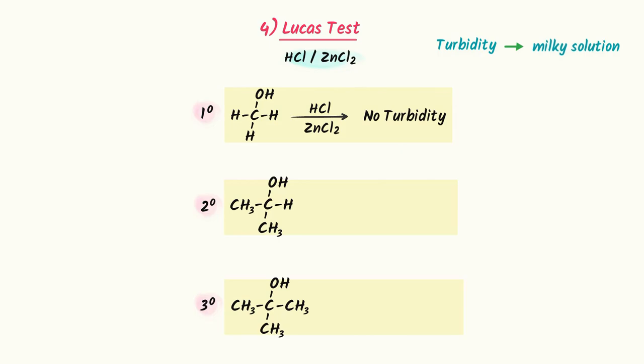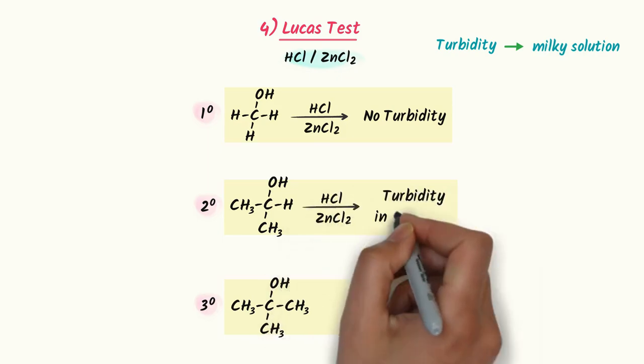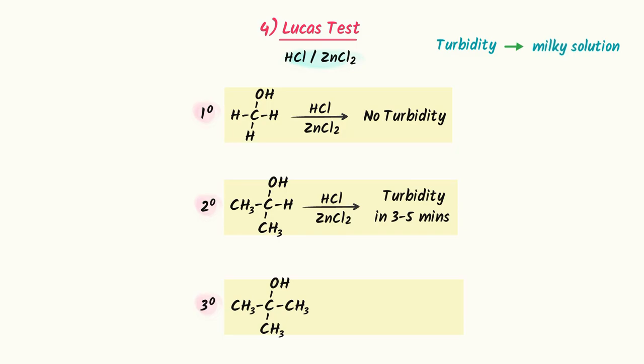It is like adding oil to the water. Secondly, if you add HCl plus zinc chloride to 2-degree alcohol, turbidity is formed in 3 to 5 minutes. Thirdly, if you add HCl plus zinc chloride to 3-degree alcohol, turbidity is immediately formed. Hence, note down these three important reactions of Lucas test.